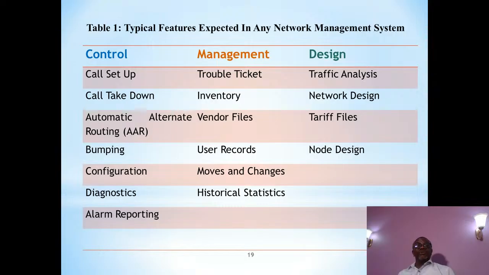You also look at the automatic alternate routing, which is known as the AAR. You have to also look at the bumping, the effect of having a connection in between. Then configuration, the diagnostics, and the alarm reporting.